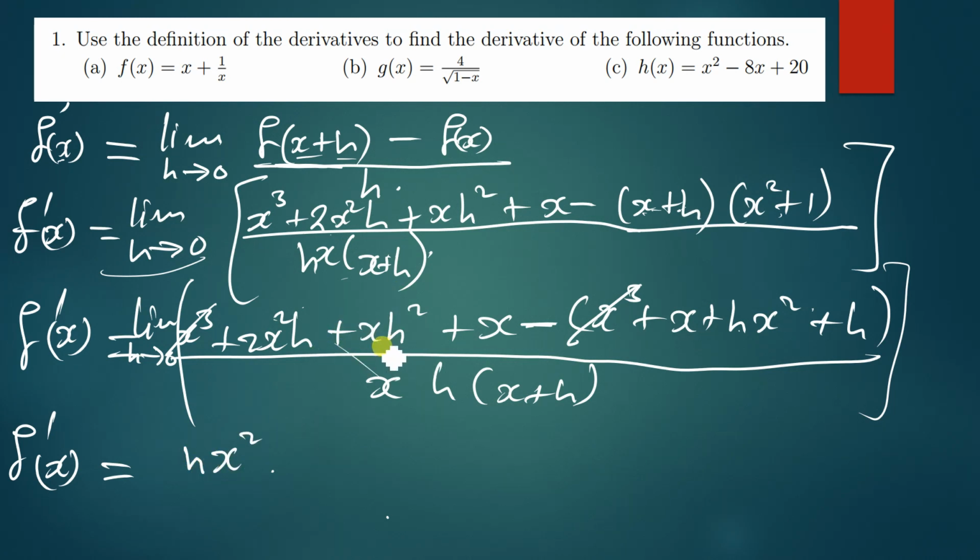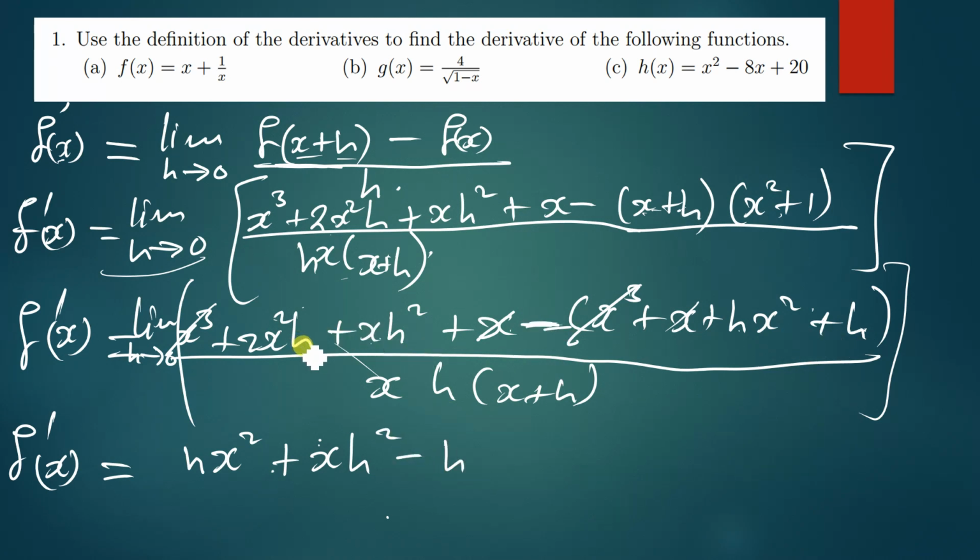Then we have this part here, which is x times x squared plus xh squared. Then we have plus x there, and this x minus x will cancel. So we'll just remain with h this side, and of course there is a minus here, so minus h will be there.